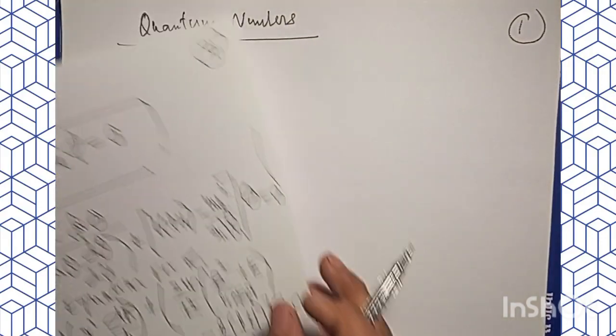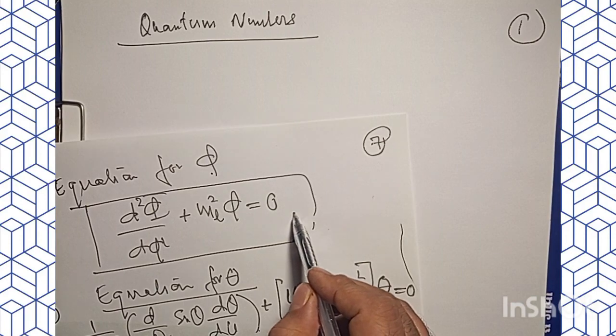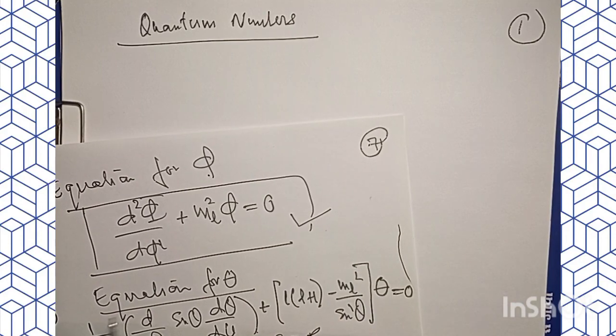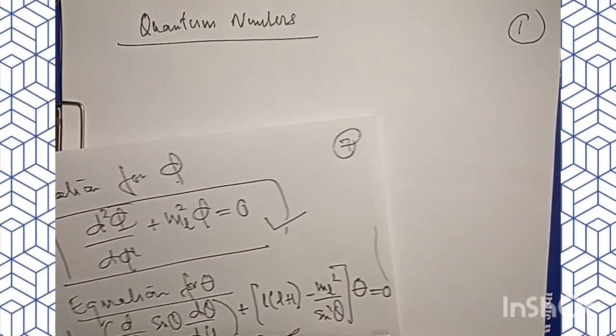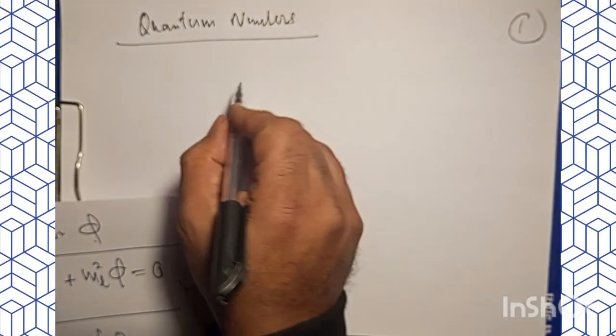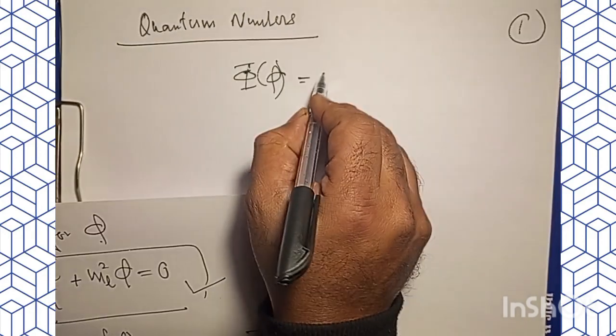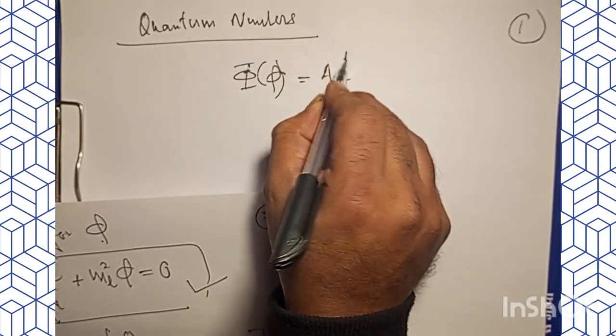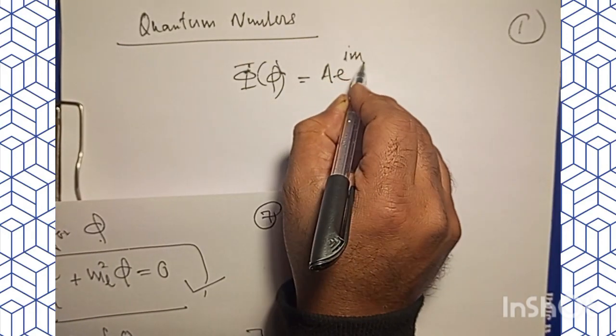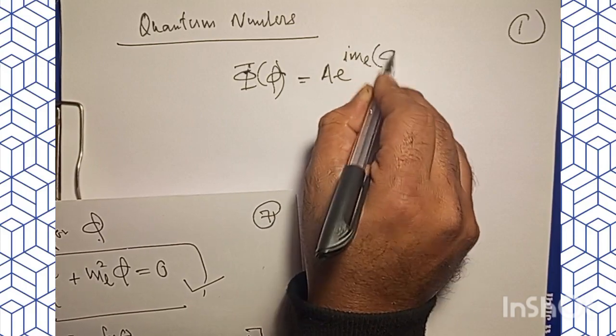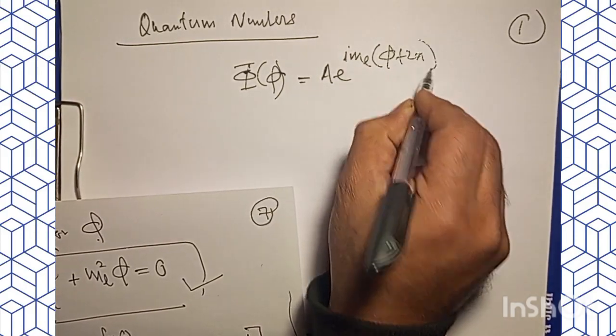So we have this differential equation, and we can write down its solution as phi of phi is A e to the power of iota ml times phi plus 2 pi.